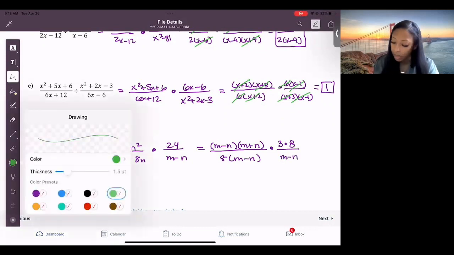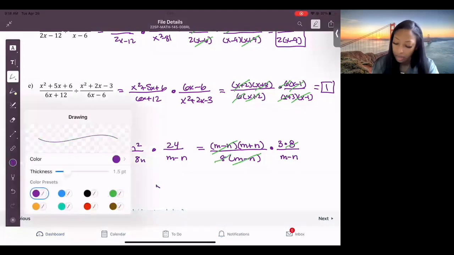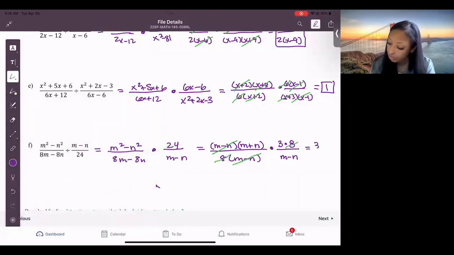All right, so we can cancel one of the m minus n's in the denominator, and we can cancel the 8's. And that leaves us with 3 times m plus n divided by m minus n. And that's our final answer.